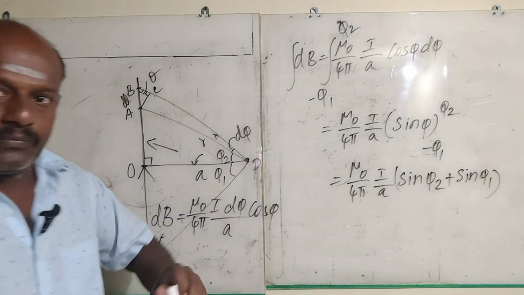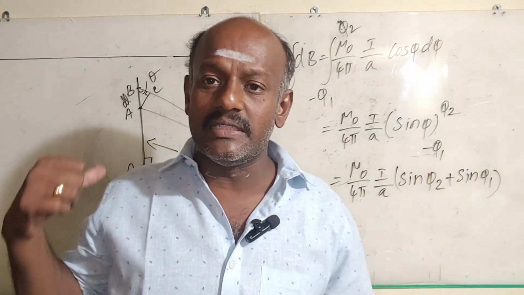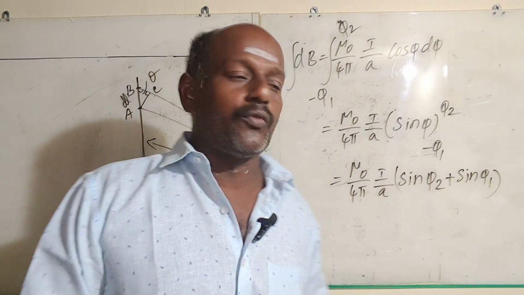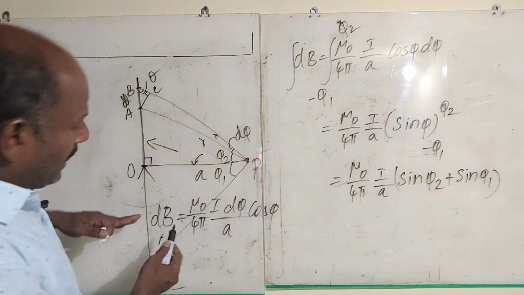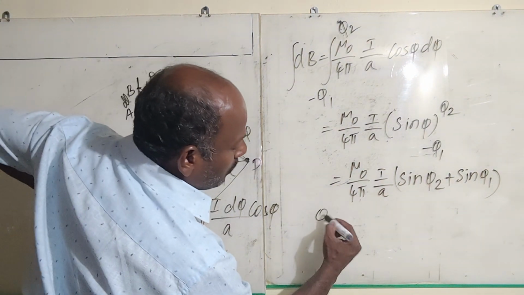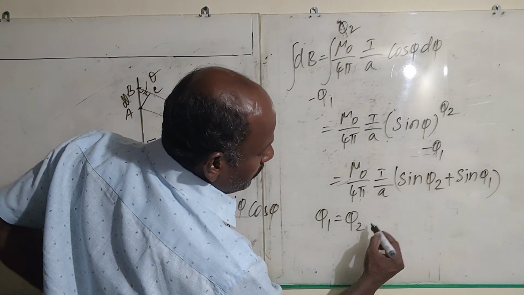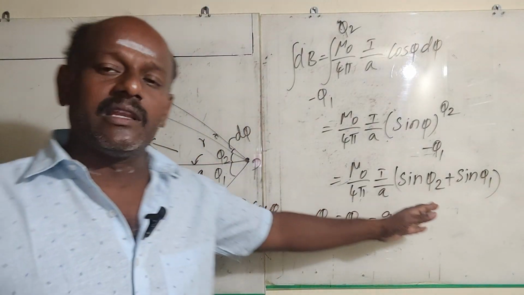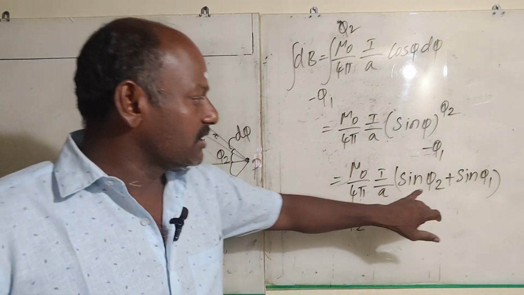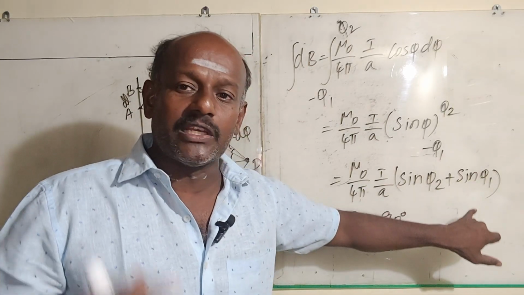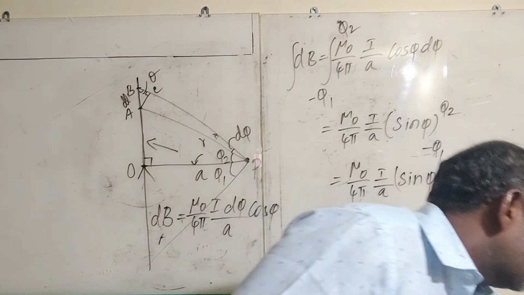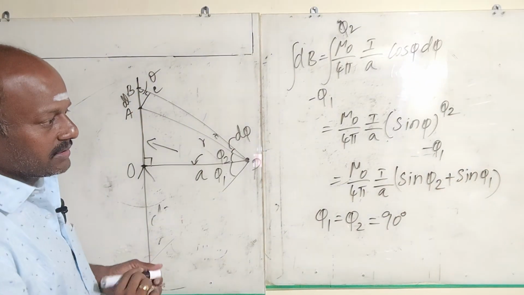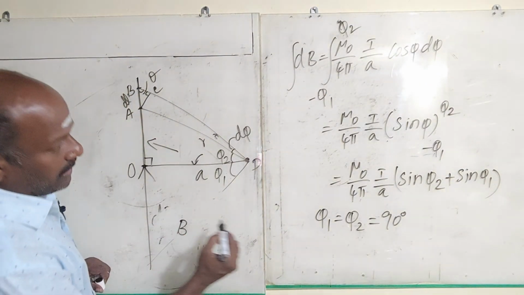Remember, this is an infinitely long straight wire. For the infinitely long straight wire, the angles phi 1 and phi 2 will be equal to 90 degrees. Sin 90 degrees is equal to 1, so this will be 1 plus 1 equals 2.